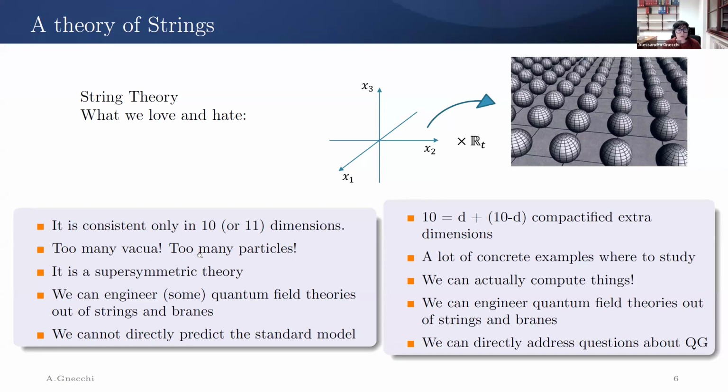So we lose predictive power because we have too many options. Also, in all these realizations of a low-energy universe, there are too many fields, too many particles. We don't see all of them.